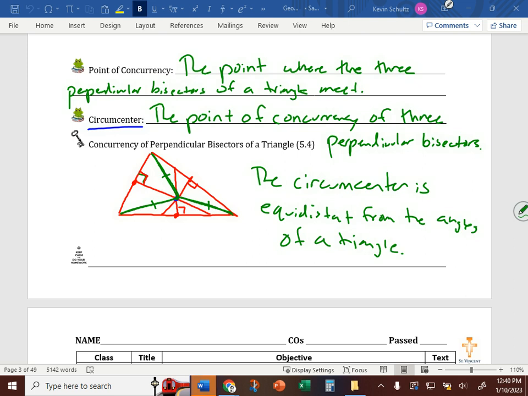The concurrency of perpendicular bisectors of a triangle, the circumcenter is equidistant from the angles of a triangle. So it's a center in that sense.